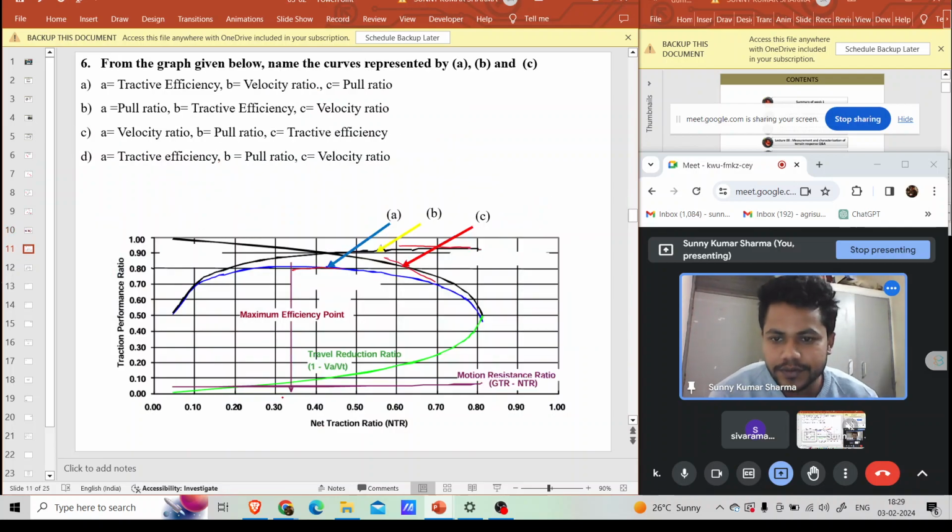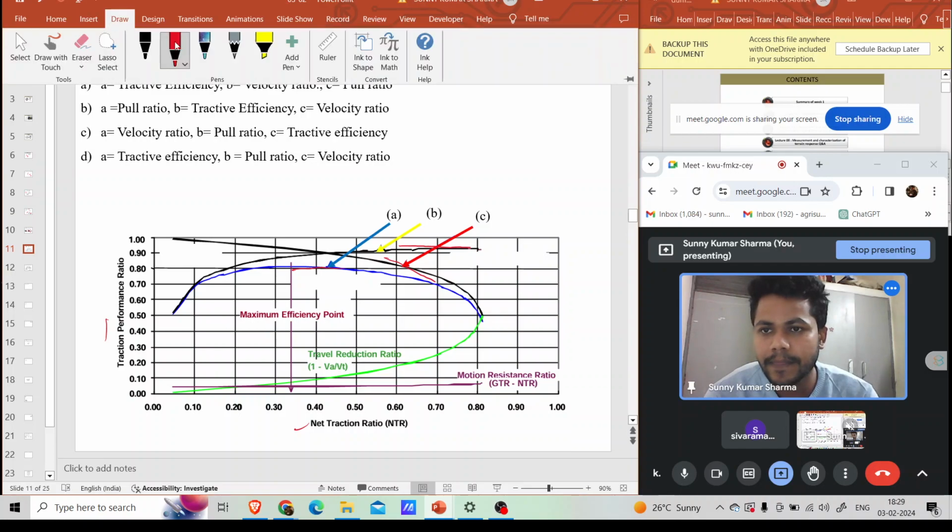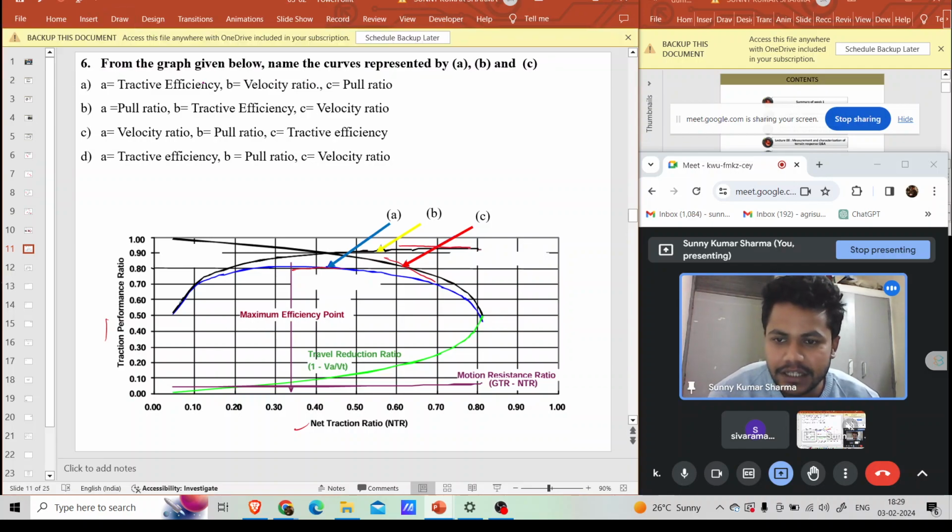This is the slide of net traction ratio versus tractive performance ratio. You have to tell what this graph which is rising here denotes. This is B. This curve which is coming down is denoted by C. And this blue curve is A. A, B, C are nothing but pull ratio, velocity ratio, and tractive efficiency.